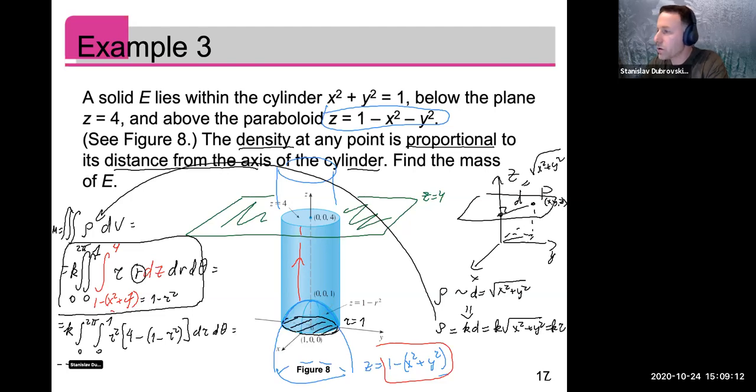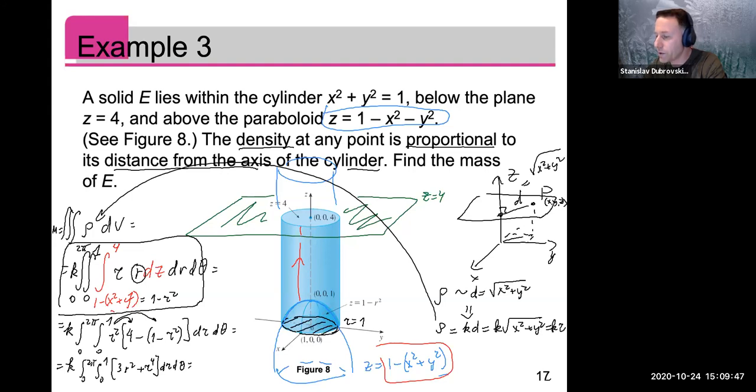So we will get k, integral from 0 to 2 pi with respect to theta, 0 until 1 with respect to r. What are we integrating? We had 4 minus 1 is 3, so we'll have 3r squared if we distribute, plus r squared. If we multiply by r squared, we'll get r to the fourth, dr d theta.